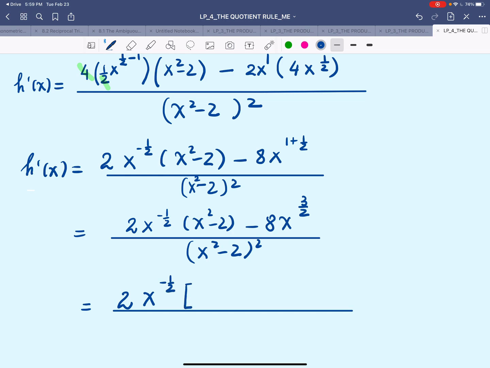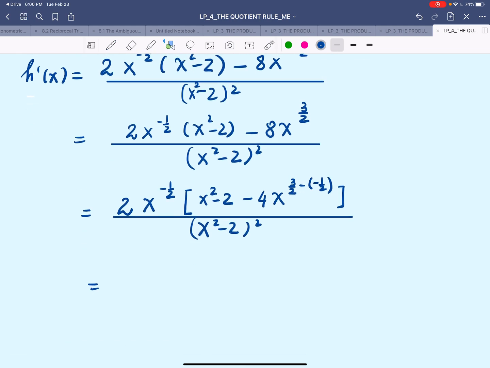So inside brackets, we'll have x squared minus 2, so the other factor. Minus 8 will turn into minus 4. And x to the power of 3 over 2, we have to take away the power we took out. So we took out a power, we give it back, right? And this will be over x squared minus 2 power of 2.